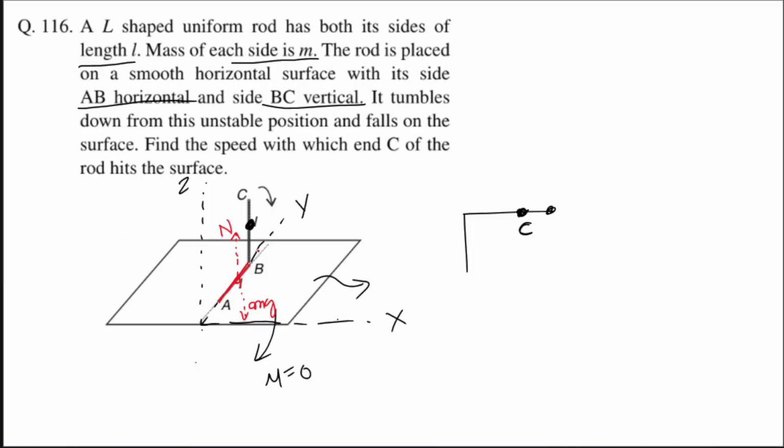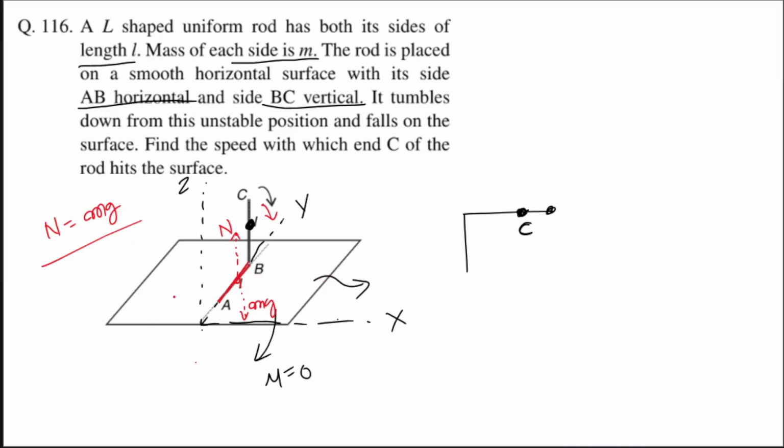Vertically it is not in motion at all because it is kept on the surface, so it is constrained to be on the surface. So N will be equal to mg. Other than N and mg, which cancel, there are no other forces acting on AB, because friction is not there. So if it tries to fall down, friction won't act in any way, because it isn't there.